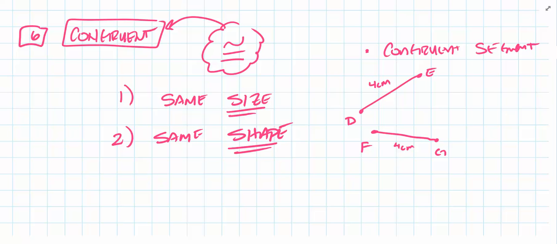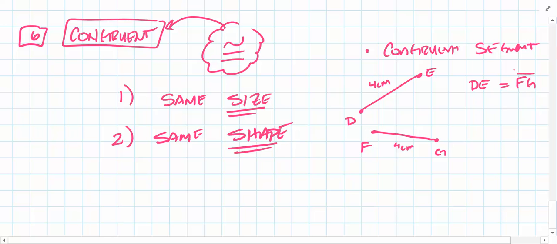They may not look it, but they're labeled that they are the same: 4 centimeters and 4 centimeters. So we say line segment DE is definitely equal to line segment FG because they have the same size. But also because they are line segments, and line segments have the same shape, and since line segments don't count on thickness or anything like that, we can also say this: DE is congruent to FG.